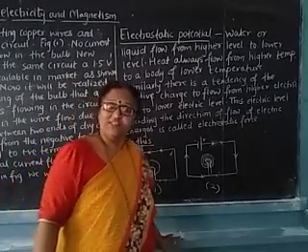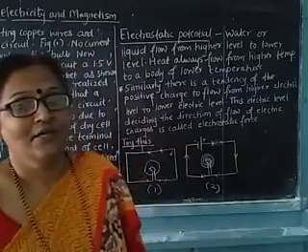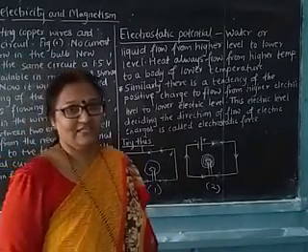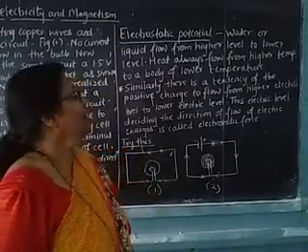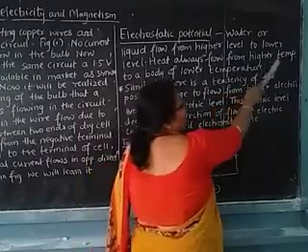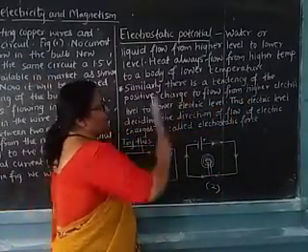Similarly, heat also flows from a higher level to a lower level. In the case of heat, it is considered that it flows from a higher temperature body to a body of lower temperature.